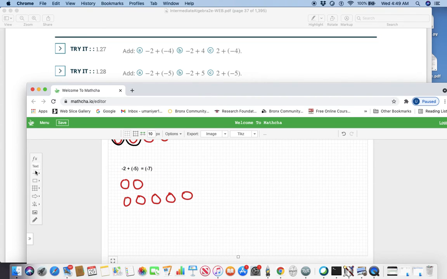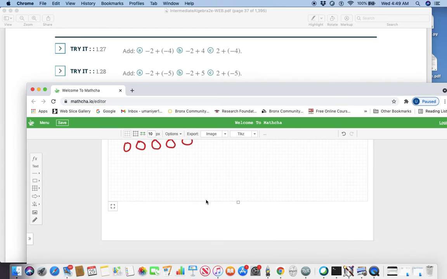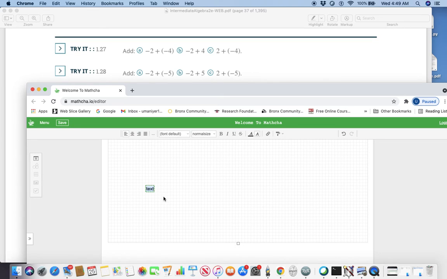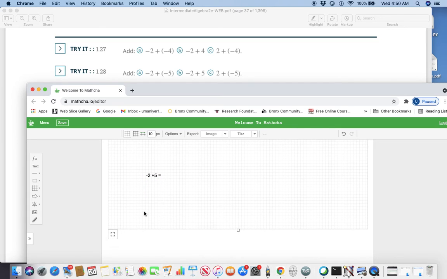-2 plus 5. Okay. -2 tells me I have 2 red counters. Red is negative. Plus 5.